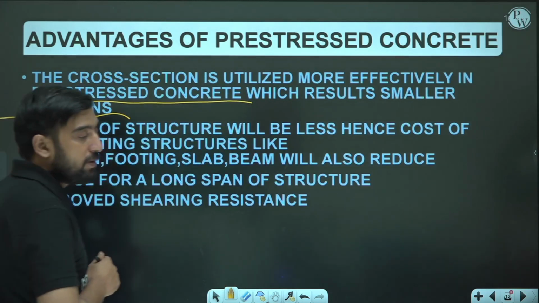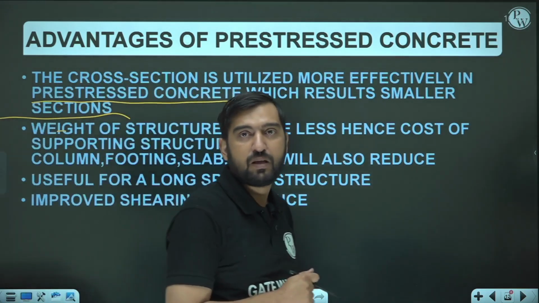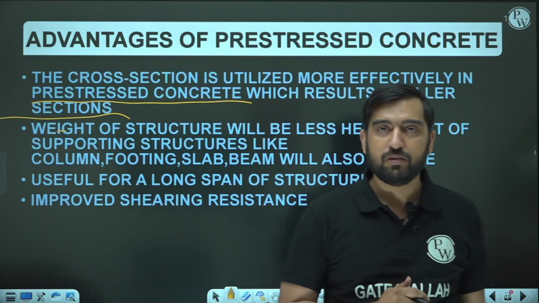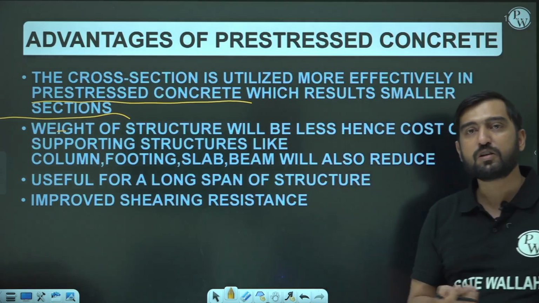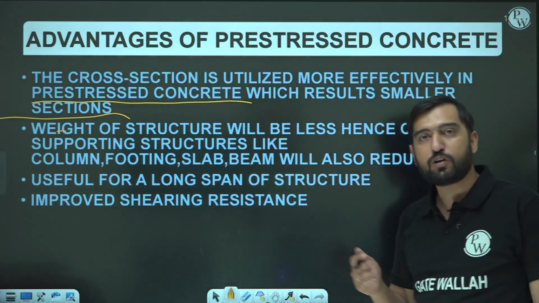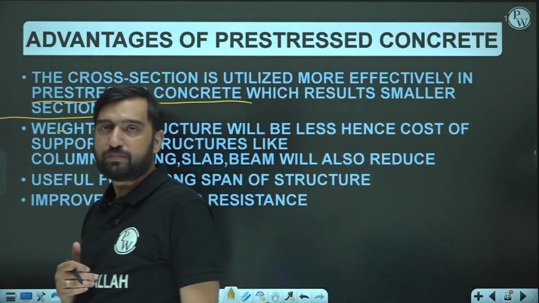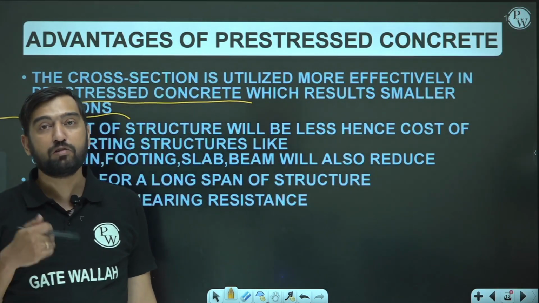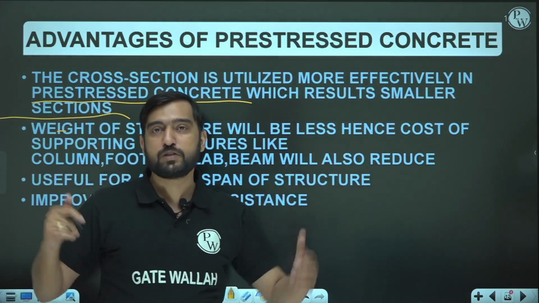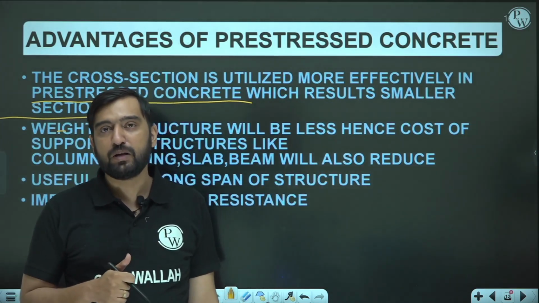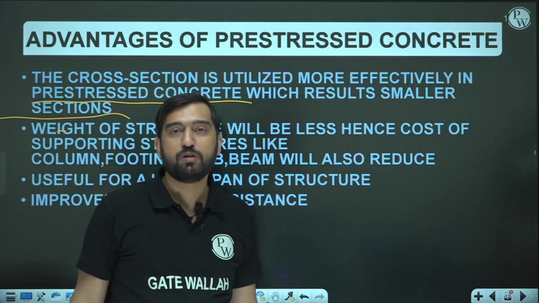And what would happen due to the smaller section? Dead load of the structure reduces. As a result, the supporting structure cost, like formation of column, footing, slab, beams, will also reduce, and they are also useful for a long span of a structure, as I gave you the example in the beginning, most of the metro girders.